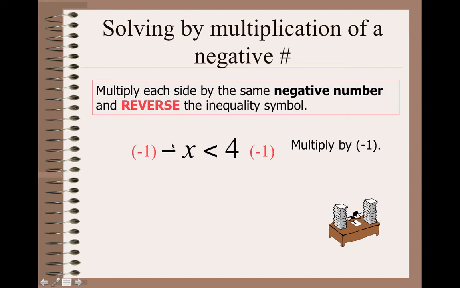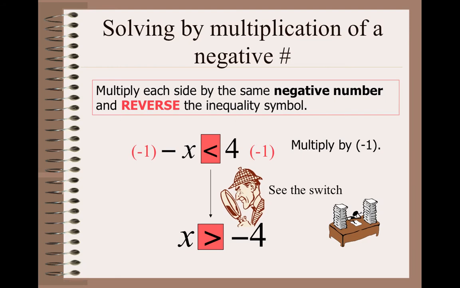When you multiply by negative 1, our symbol changes, from less than to greater than. So negative 1 times negative x is positive x, and negative 1 times 4 is negative 4. So x is greater than negative 4. That's the inequality, because you multiplied it by a negative number.